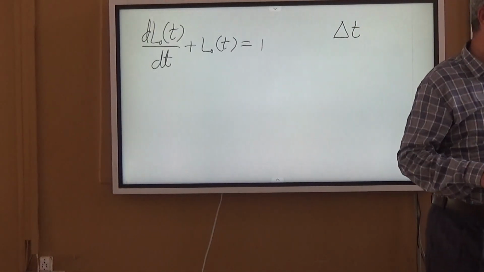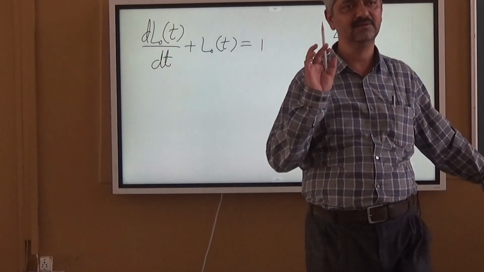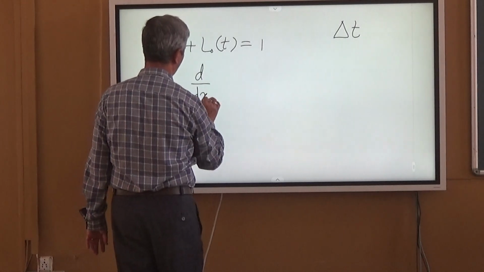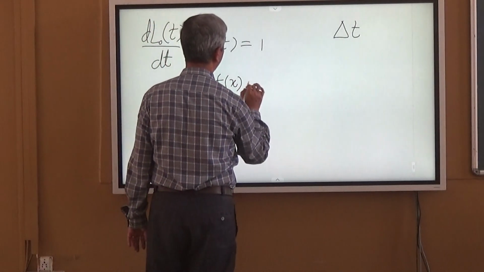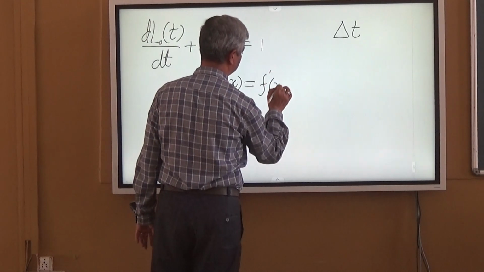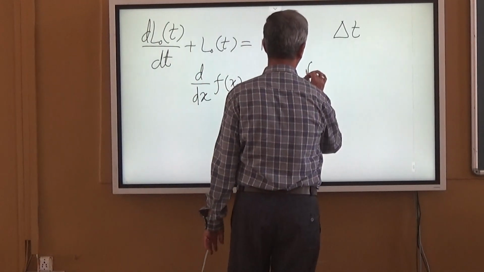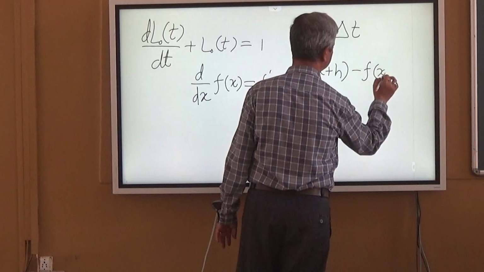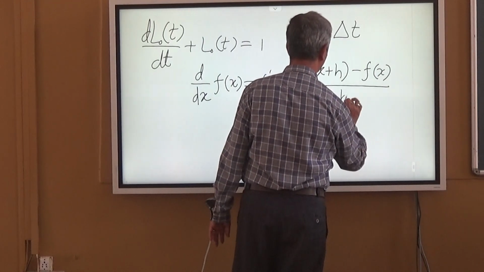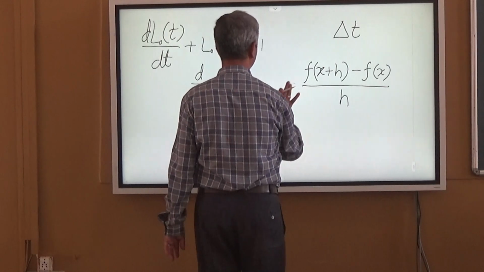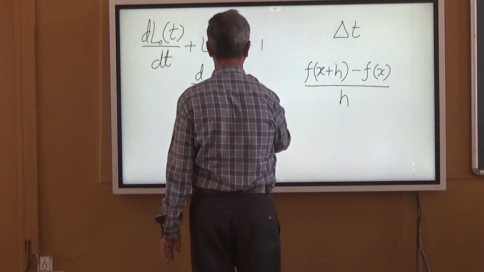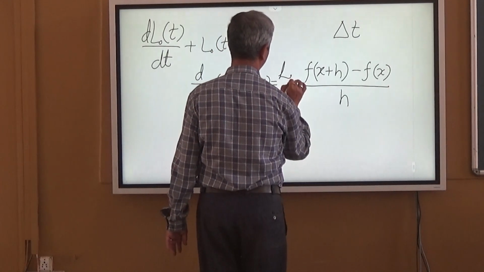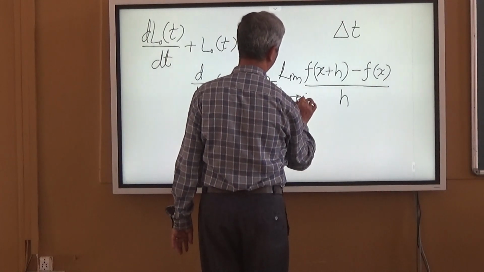f dash x. So d by dx of f(x), or same as f dash x, is equal to f of x plus h minus f(x) upon h, and this is as limit as h tends to 0.